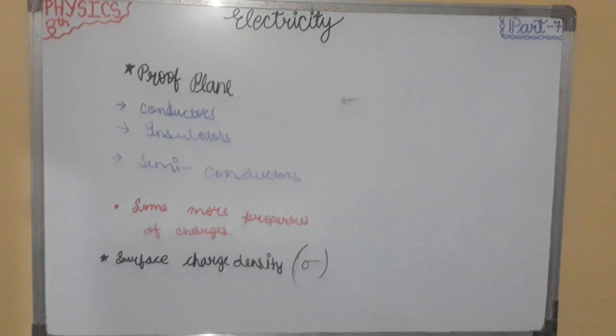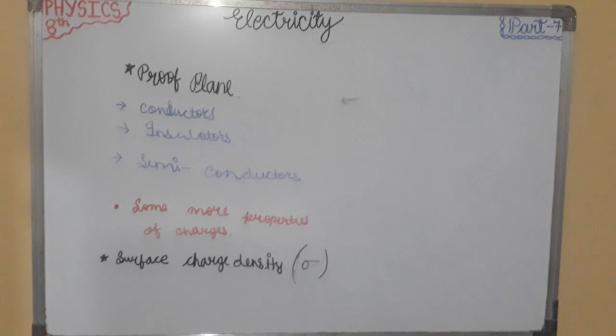The surface charge density at a point on the surface of a conductor is defined as the amount of charge present per unit area around that point. Surface charge density at a point is given by Q upon A, where Q is the charge present in an area A around that point.